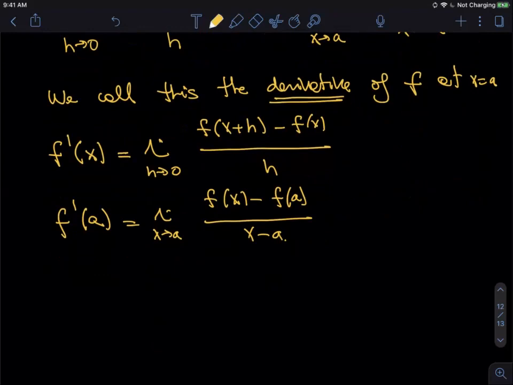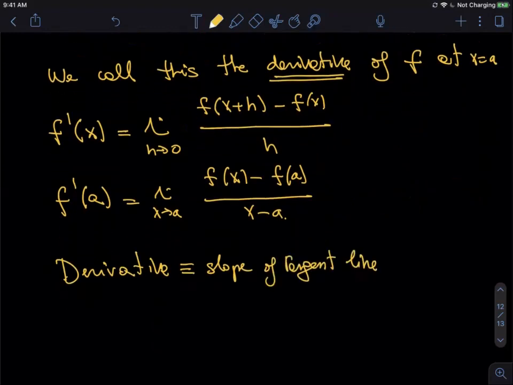Okay, so here the most important thing is that the derivative is the slope of the tangent line. Okay, that's the geometric interpretation, and that is the rate of change of the function.